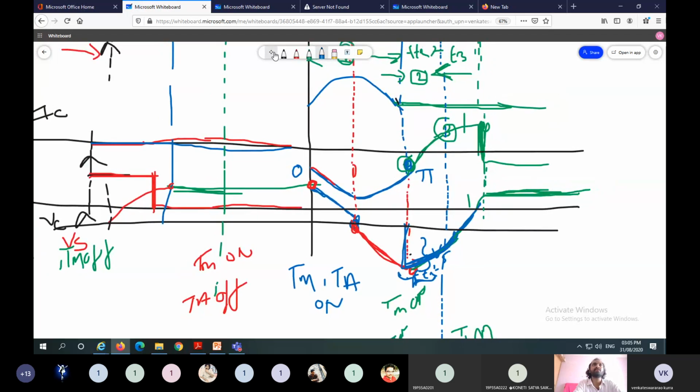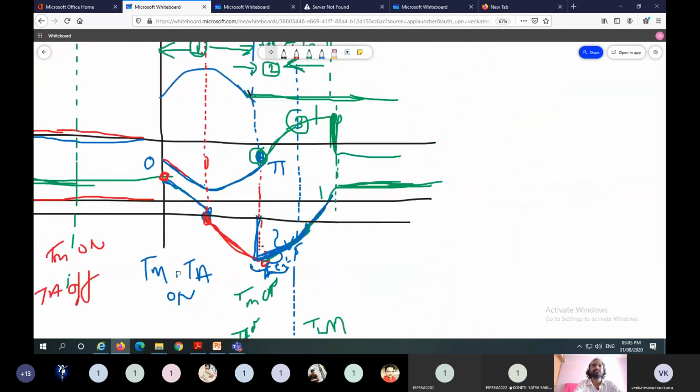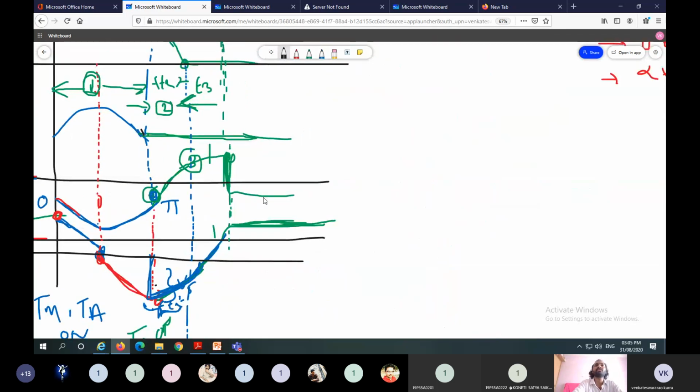So in this mode, the voltage across the capacitor: now the formula for voltage across the capacitor, Vc equal to Vs minus Vc naught cos omega t, plus Vc naught cos omega t.